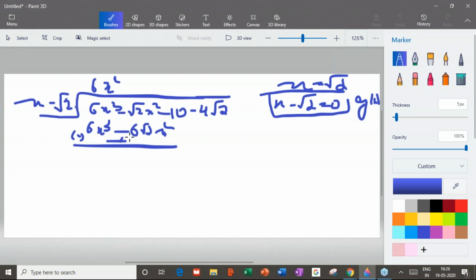Changing the signs, this will become plus. I can strike off this, and this will become 6 root 2 minus root 2, which is nothing but 5 root 2.